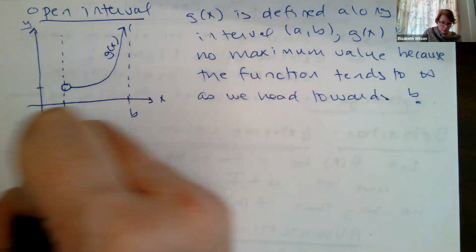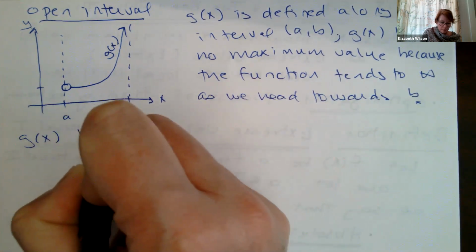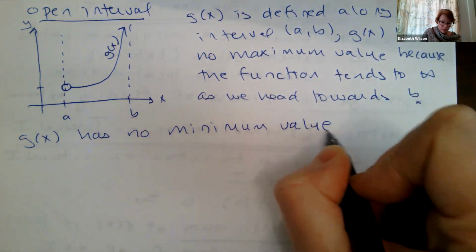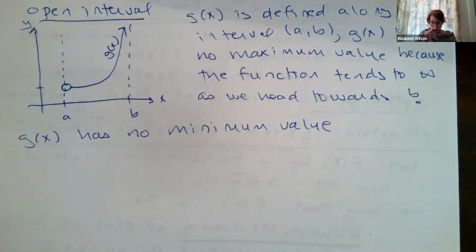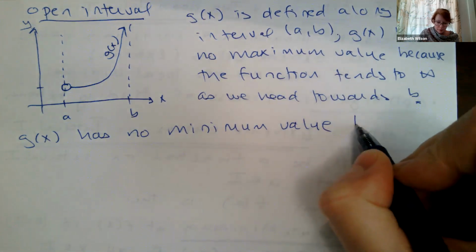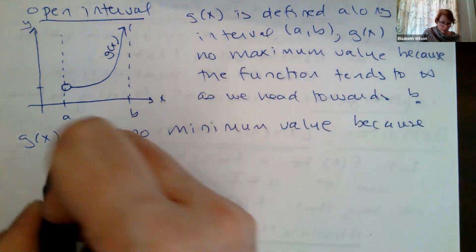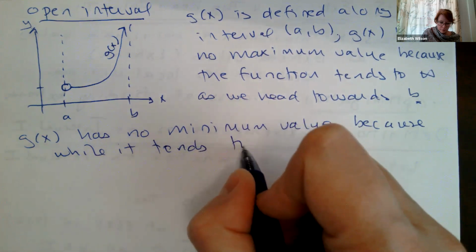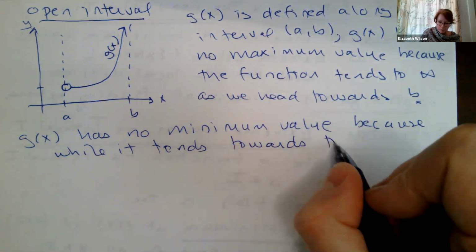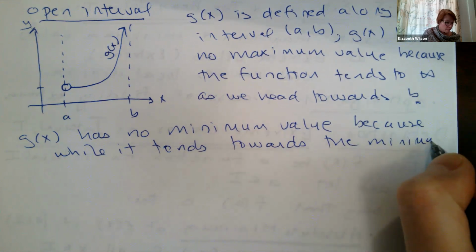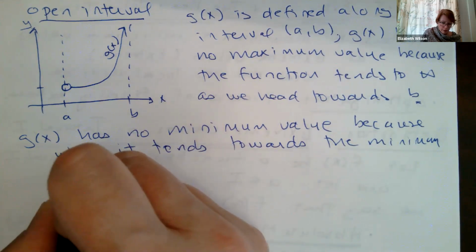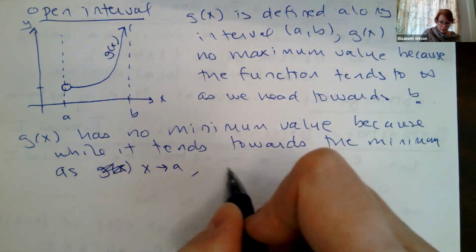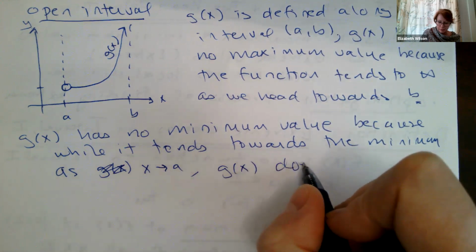The function g of x also has no minimum value. On this end, I would expect to have a minimum value, but I have no minimum value because, while it tends towards the minimum on the left, as x approaches a, g of x does not take on that value.